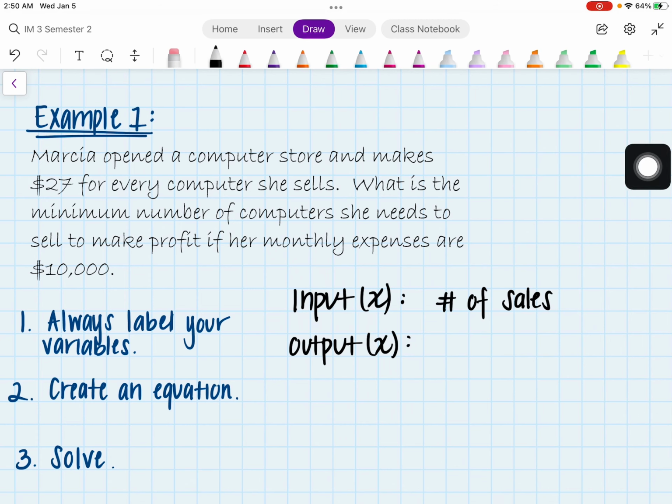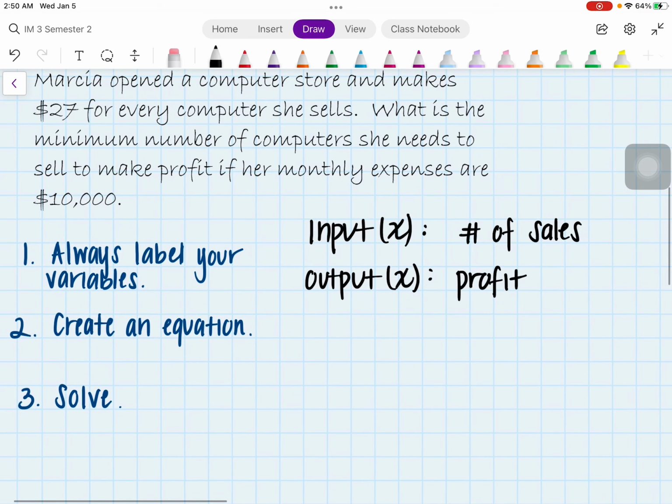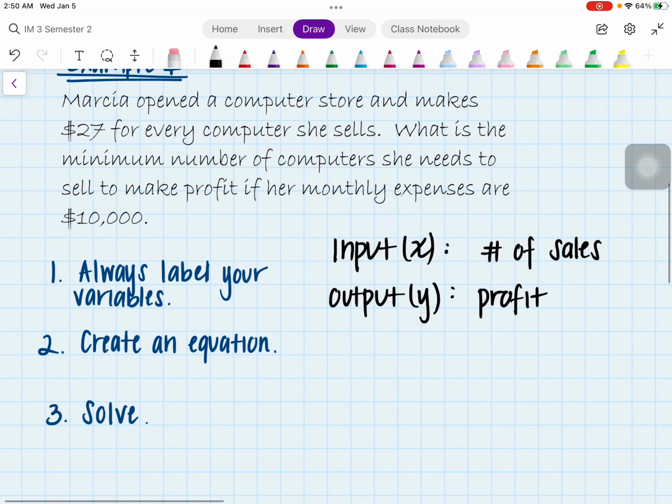Output in this case is what's expected from us, and it's not just selling a certain amount, but we do have to have a profit here. So output represents the profit. This one's supposed to be Y, not X, Y.